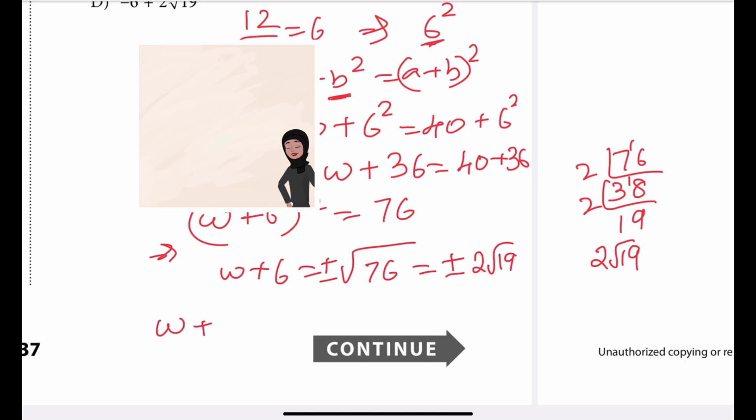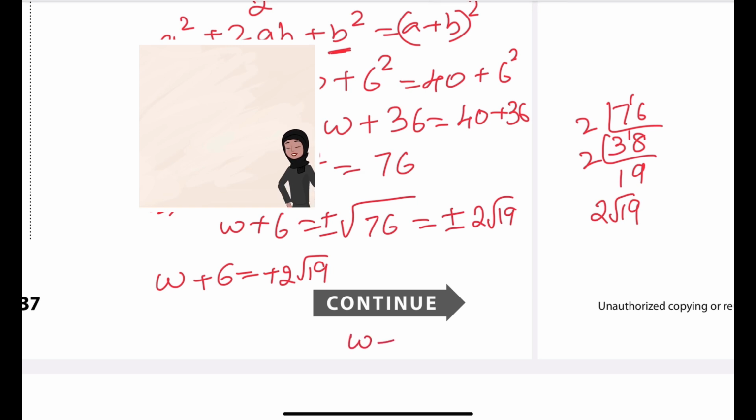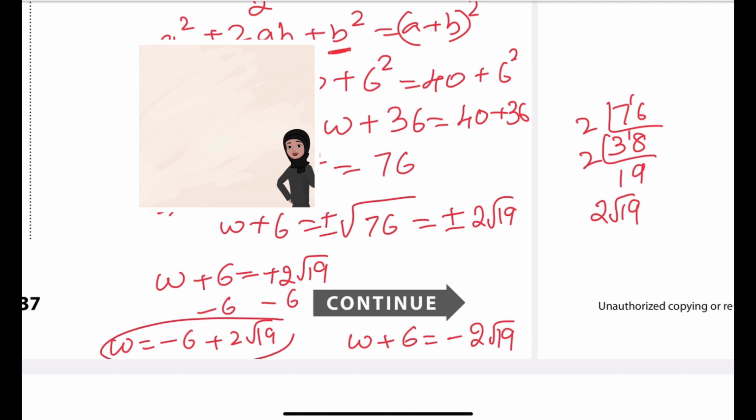Now that means to get the value of W, either W plus 6 will be equal to positive 2 square root of 19, or the other solution, W plus 6 will be equal to negative 2 square root of 19. Now we'll just subtract 6 on both sides. So one solution for W will be negative 6 plus 2 square root of 19.